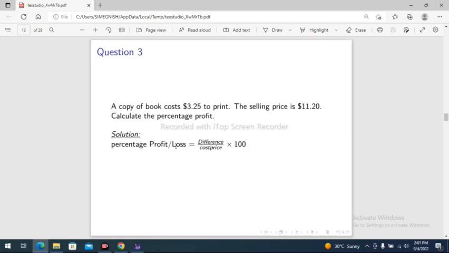Percentage profit or loss is the difference, that is the selling price minus the cost price, or vice versa, it doesn't matter, divided by the cost price times 100. Here we have 3.25 as the cost price, and this is the selling price. Substituting into the formula, you get the percentage profit, which is 244.6%.